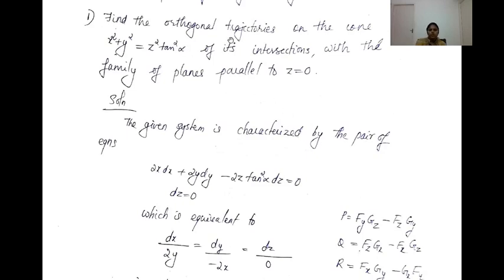So you need to find the orthogonal trajectory on the cone x square plus y square equal to z square tan square alpha with the family of planes parallel to z equal to 0. So planes parallel to z equal to 0 will be z equal to c1.